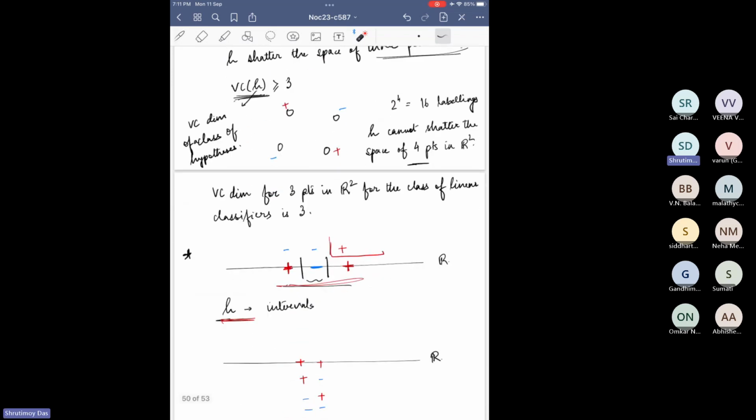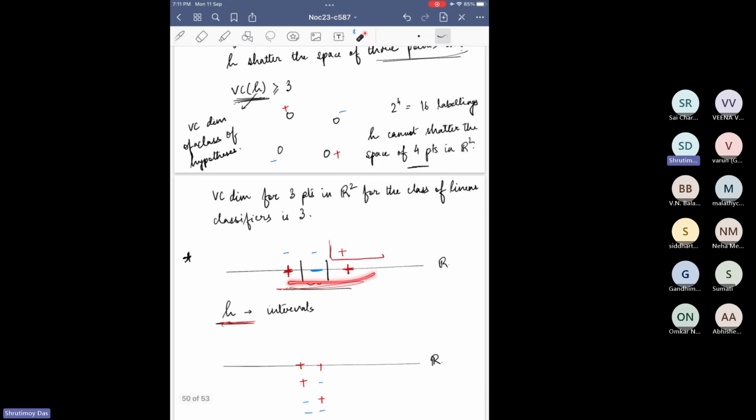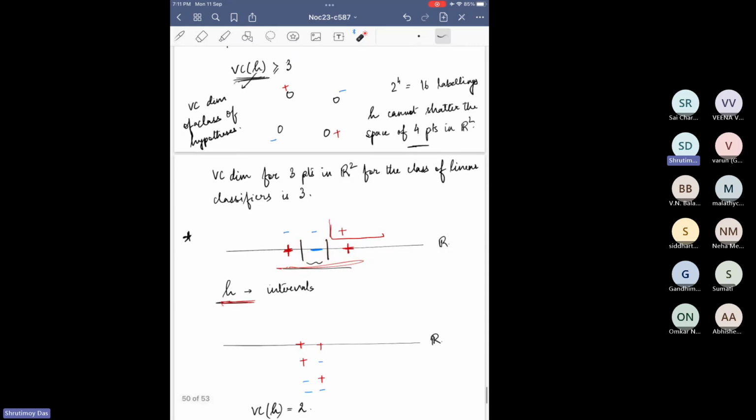Again, like it was shown in the lectures, suppose we have these 3 points on the real line. If you look at this example and your class of classifier or hypothesis is intervals, then it cannot correctly classify a labeling like this. So we say that your H, which is the class of all intervals, cannot shatter this space.